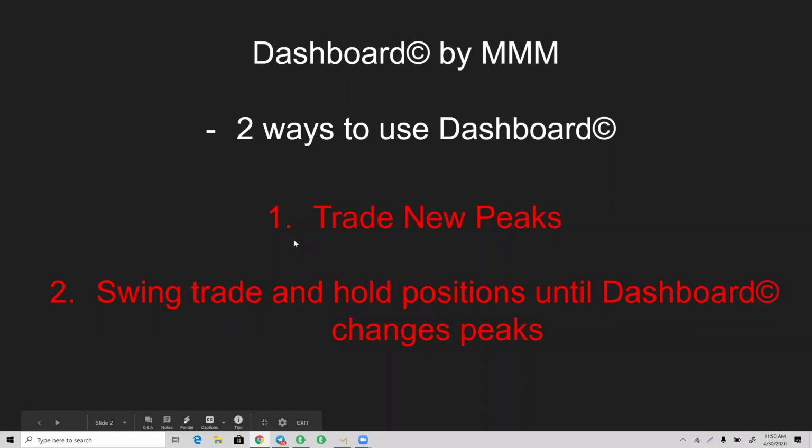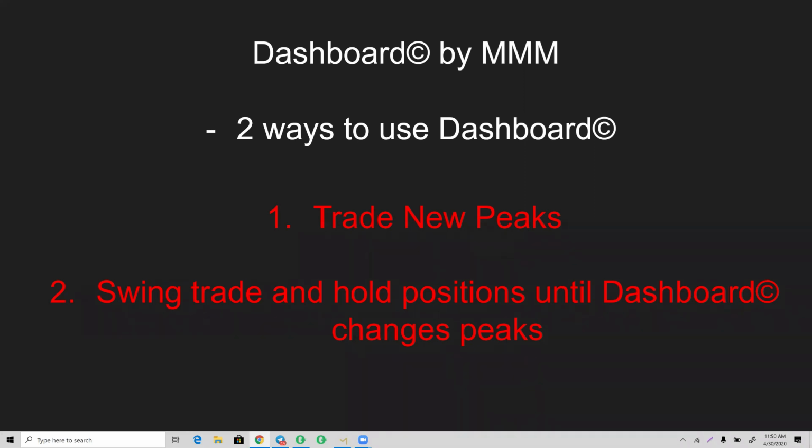Number one, we look for the new peaks to be generated, and we simply look for an entry to get in the trade. Now, once our trade is in profits and the next day comes, and if the next day it goes from, say, peak formation low 1 to peak formation low 2, the peak is still there.